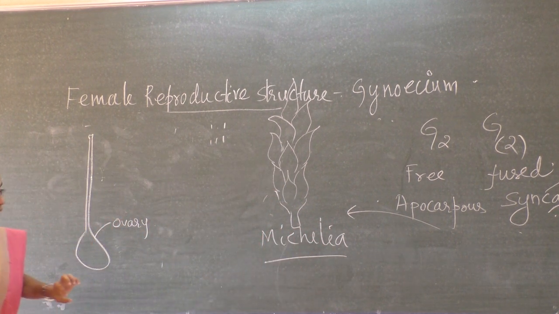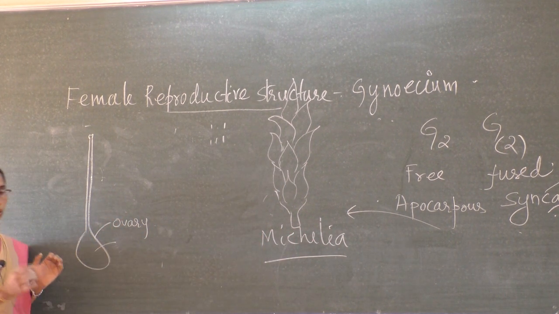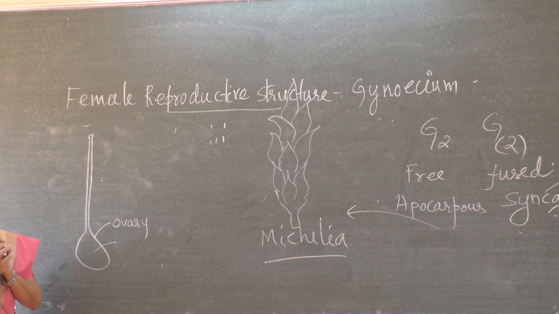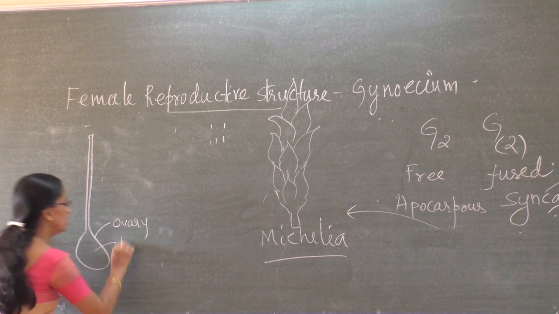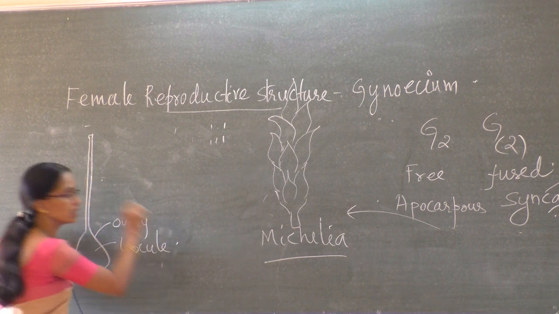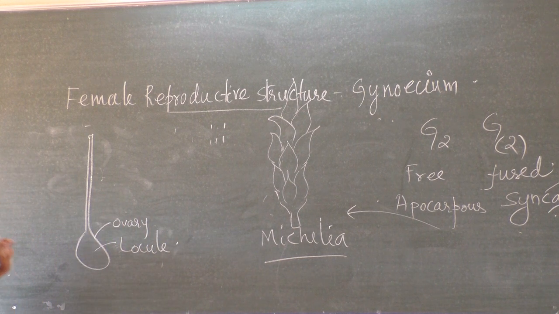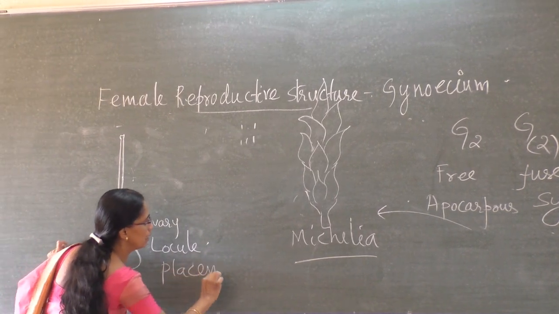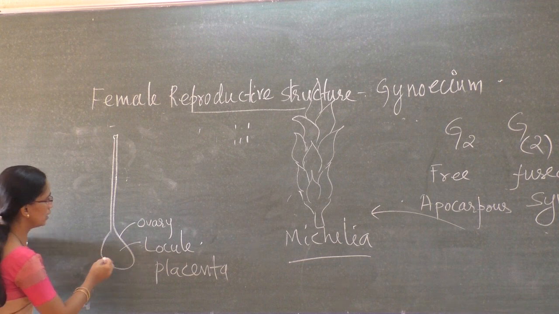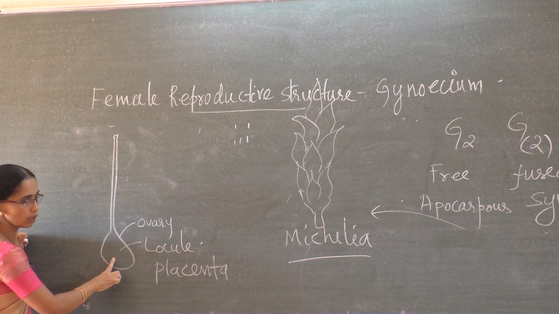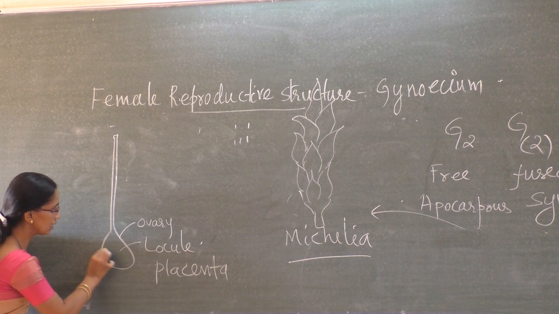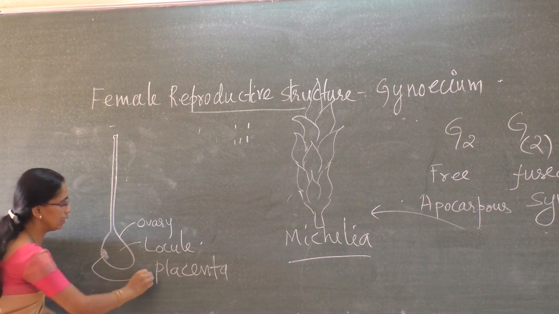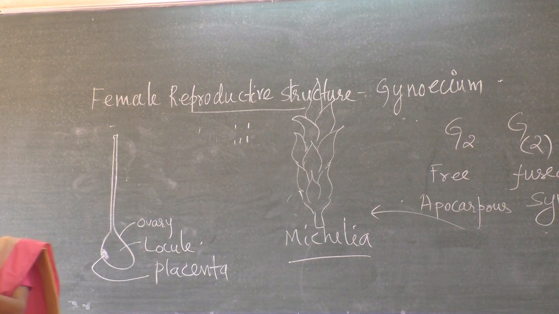Ovary is internally with chambers known as locules. Each locule is with a ridge or mass of tissue known as placenta. For example, imagine this is an ovary with one locule and this is placenta. So placenta, what is that? Ridge or mass of tissue which arises in the locule.